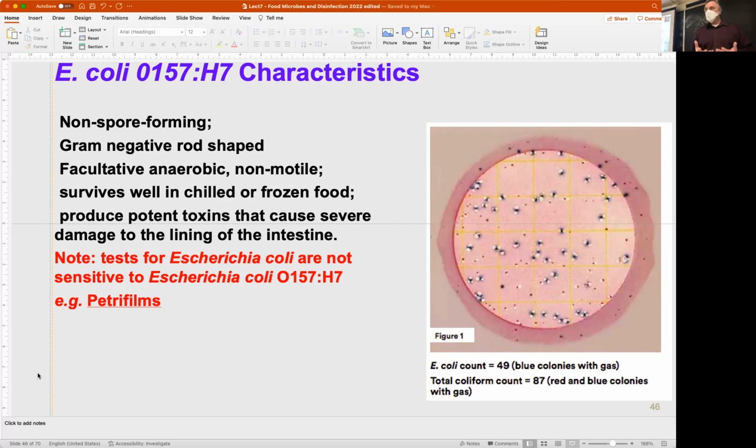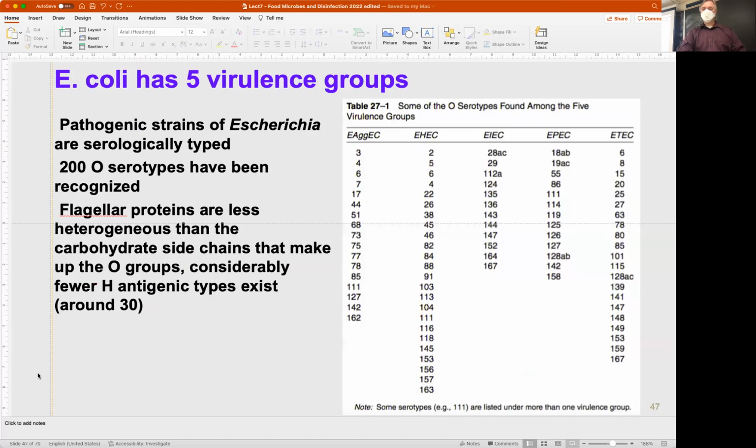They do this test at water treatment plants to find out if the water is contaminated with feces. So you have a water sample, you plate it out, and you see if there's growth, and if there's these E. coli bacteria, then you may need to treat your water more.